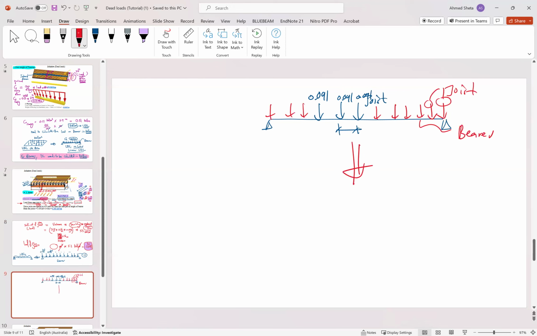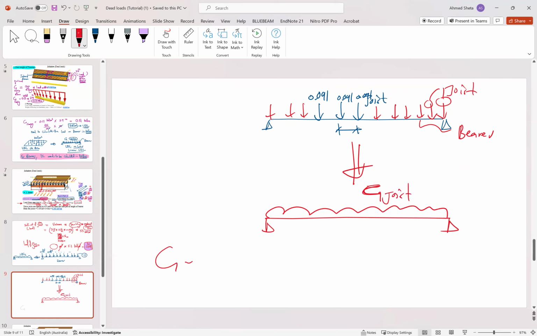To convert this to a uniform load, or we can call it G from joists, instead of multiplying the load from one joist times the number of joists, we will take one distance we know, which is the spacing between joists, and it is given to us in the example as 450 millimeter.